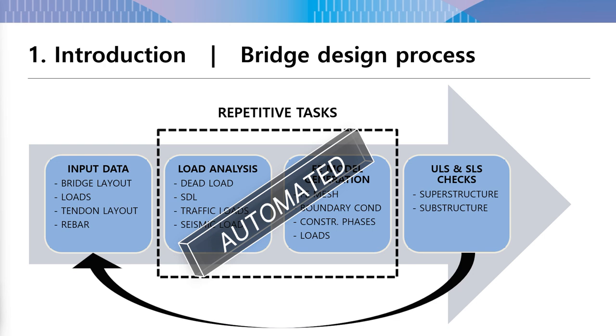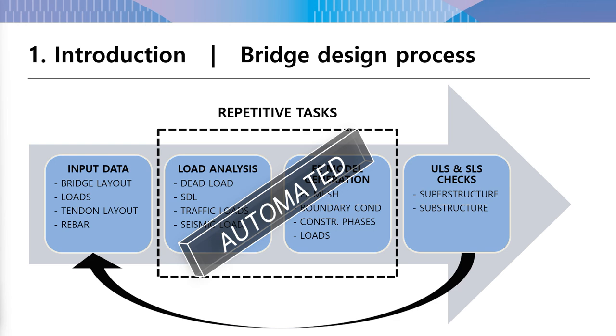Which data are those? This requires some experience. We need to see what input data will most likely be altered during this bridge design process. And then those data will be made possible to change inside our parametric bridge design script. So inside the parametric bridge design process, we are only involved in steps number 1 and number 4.